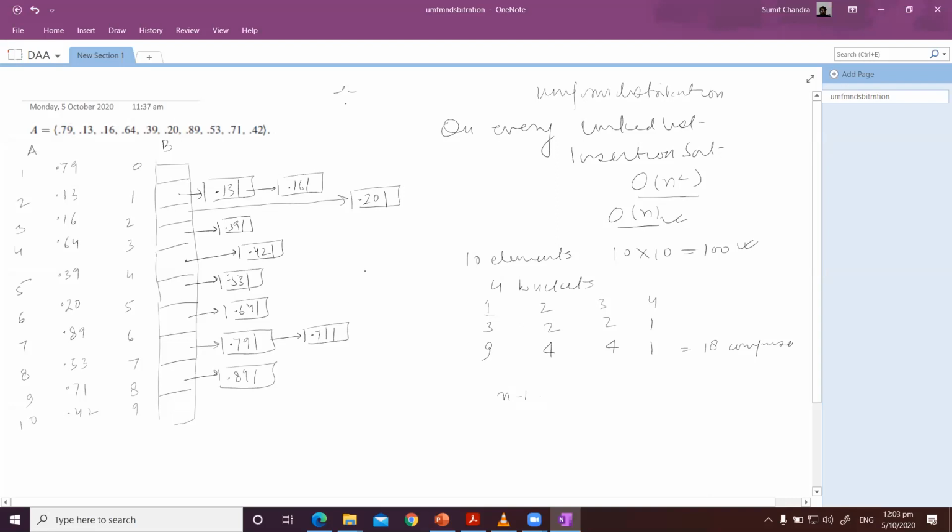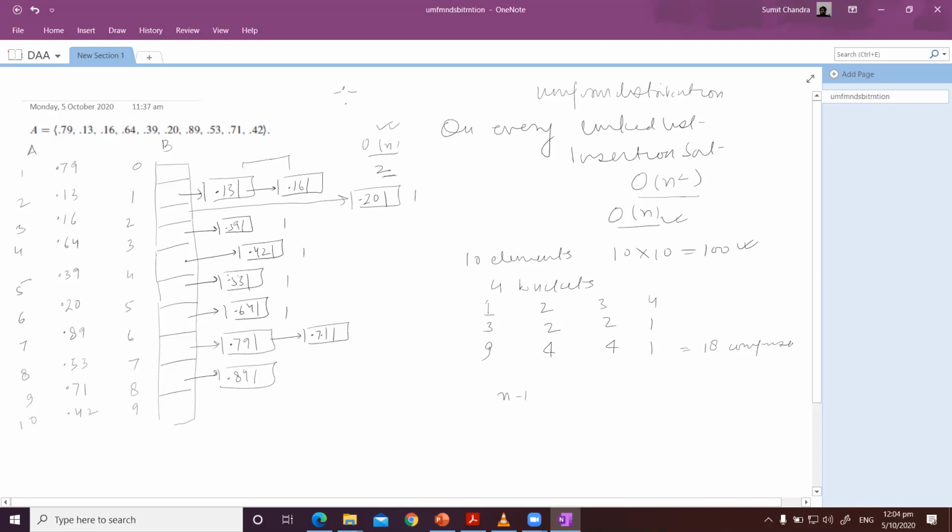And then we'll apply insertion sort on every list. If we apply insertion sort on this list, this is already sorted, so it is order of n. When the array is already sorted, insertion sort complexity is order of n. So here the number of comparisons is 2. Here we have one element, so no comparison. Here one element, here one element, here one element.